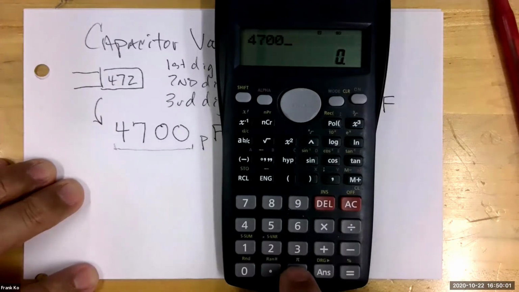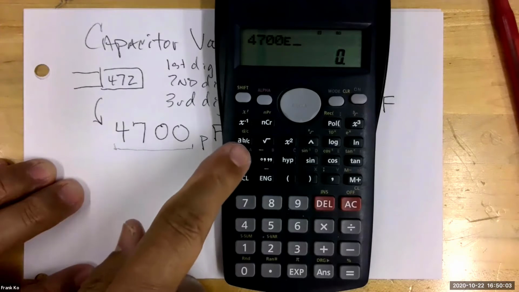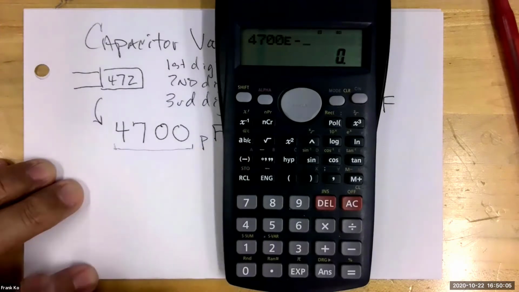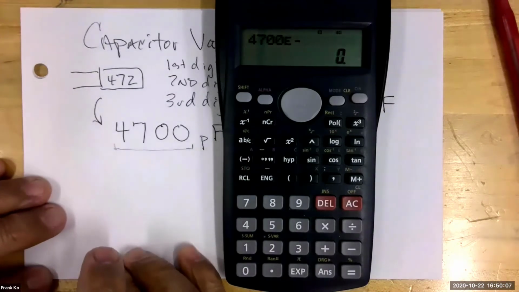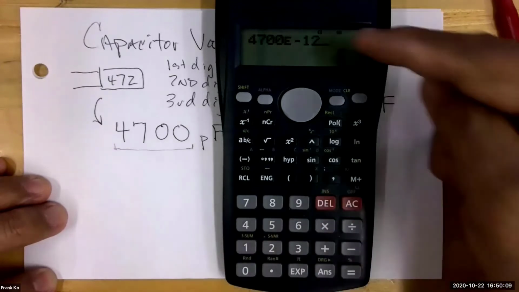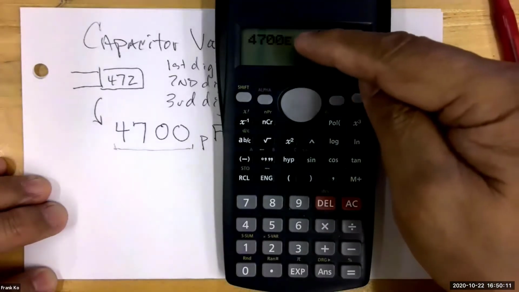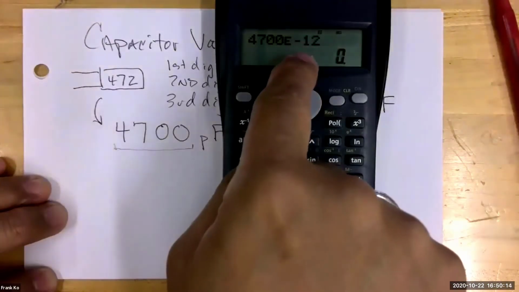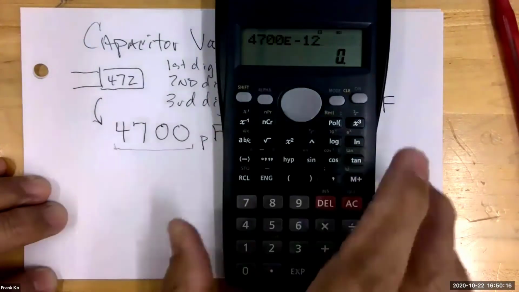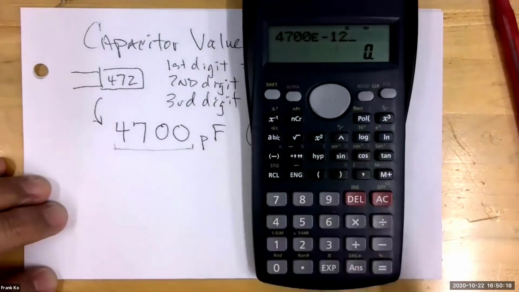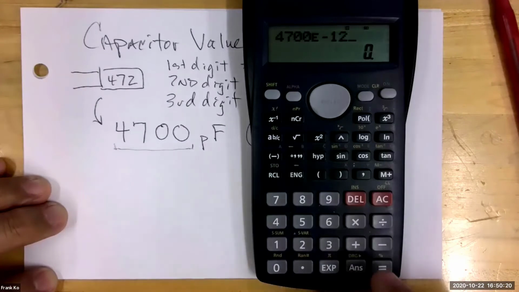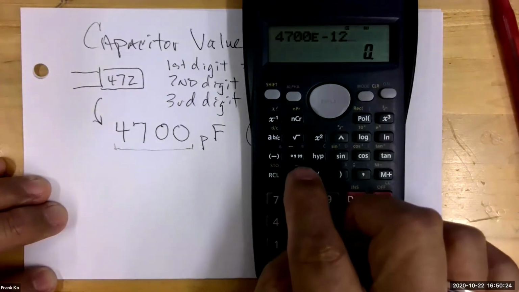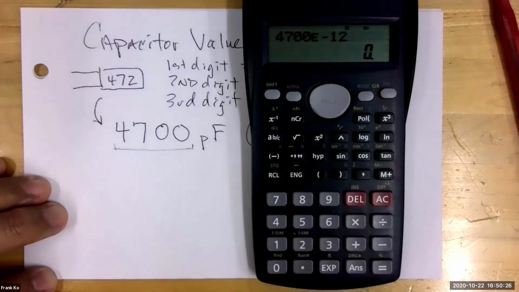Pico would be our exponent, change sign. Remember to change sign because it's a negative power of 10, and pico is negative 12. So I have 4,700 times 10 to the negative 12, signifying my picofarads, and I will hit equals. When I hit equals, if this goes into scientific mode, I can get it into engineering simply by hitting the engineering key. Let's see what happens.